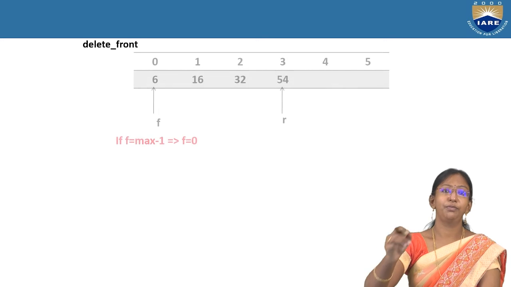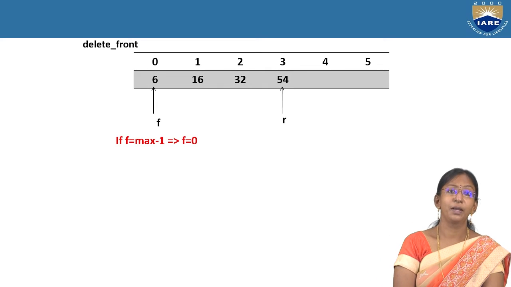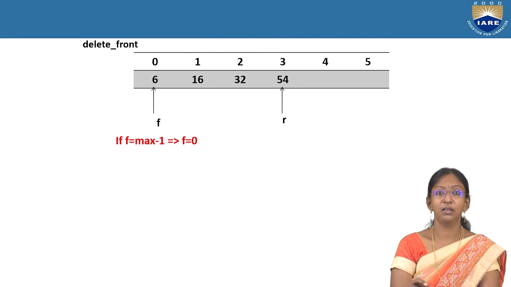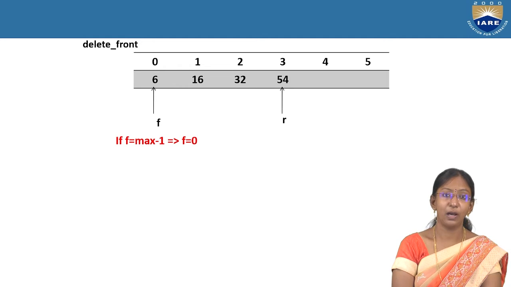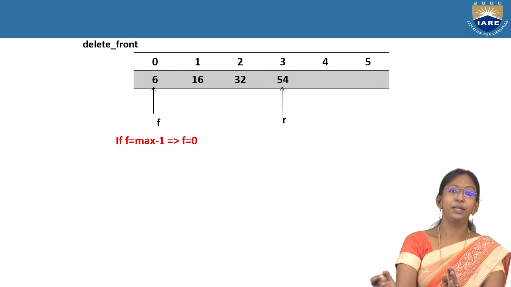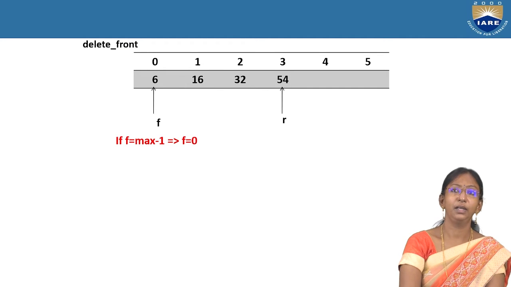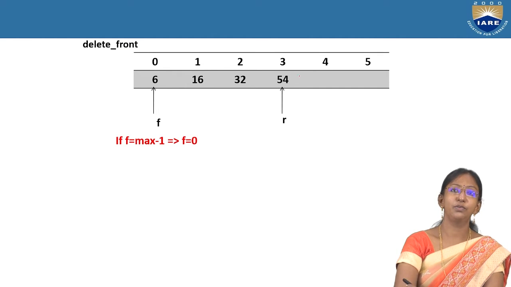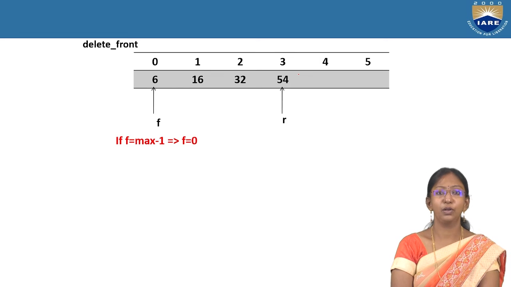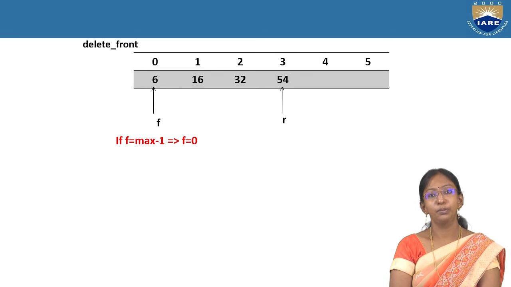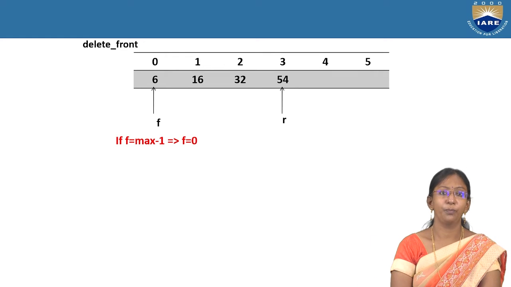As my front is pointing to max minus 1, that is the maximum index value, I'm going to bring it back to index value 0, right? Previously it was pointing to the highest index value, which is 5. So to remove an element at the front end, I have to bring it back to 0.